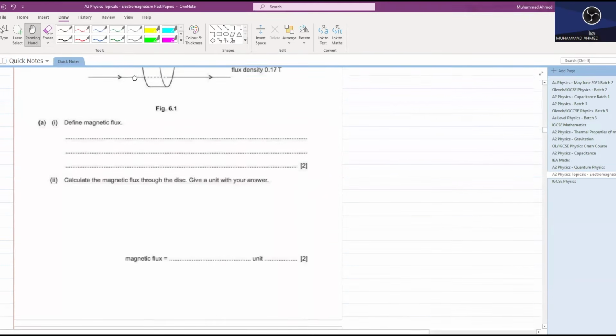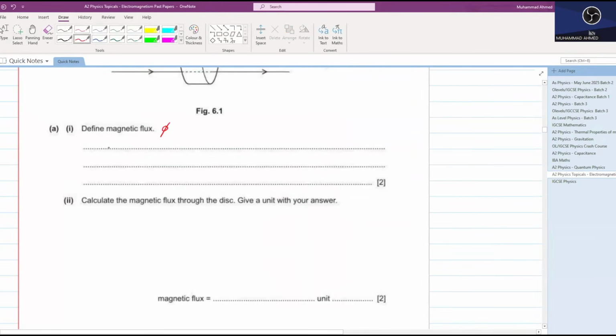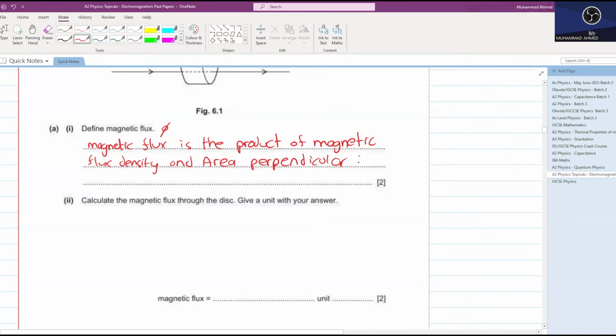Define magnetic flux. You have to define phi. So phi is equal to what? Magnetic flux is the product of magnetic flux density and area perpendicular to the magnetic field.